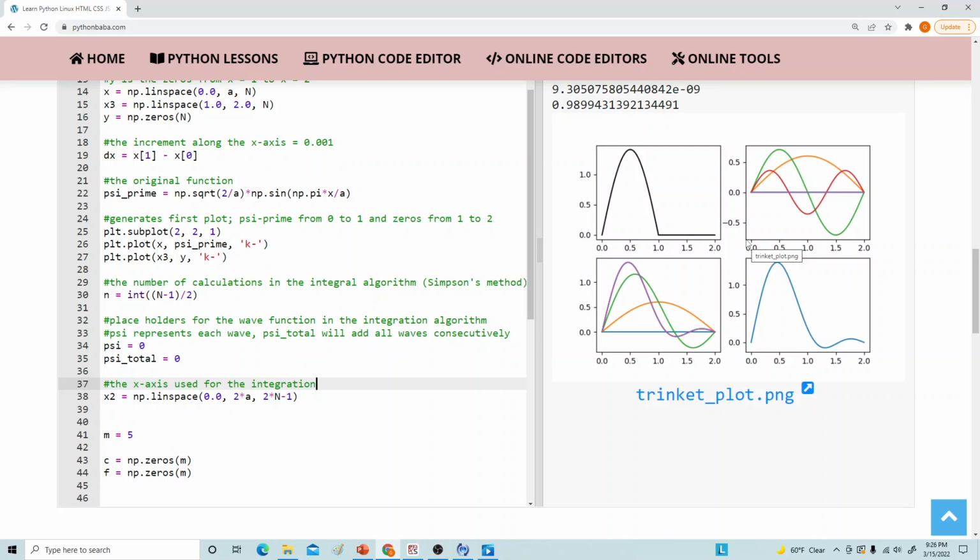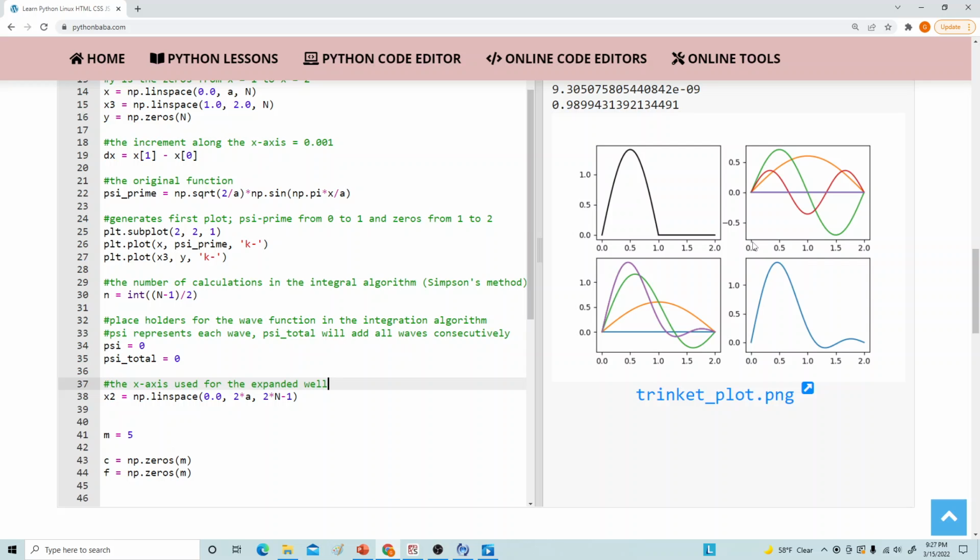And the number of data points, 2 times n minus 1. I really should say that this is not the axis that will be used for the integration. That's already set right here. So this is the x-axis used for the expanded well. Let's put it that way.